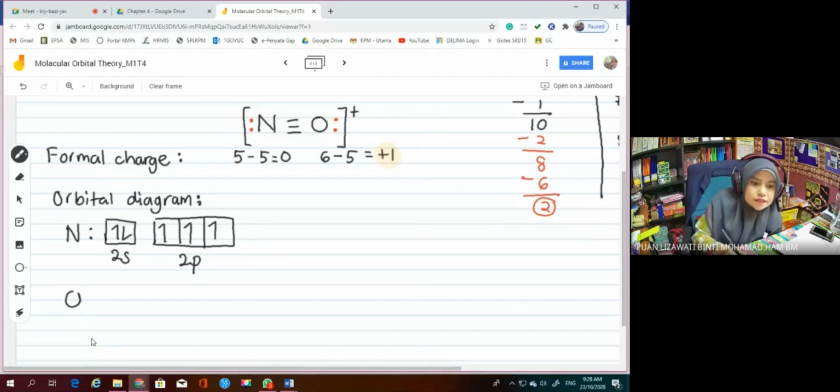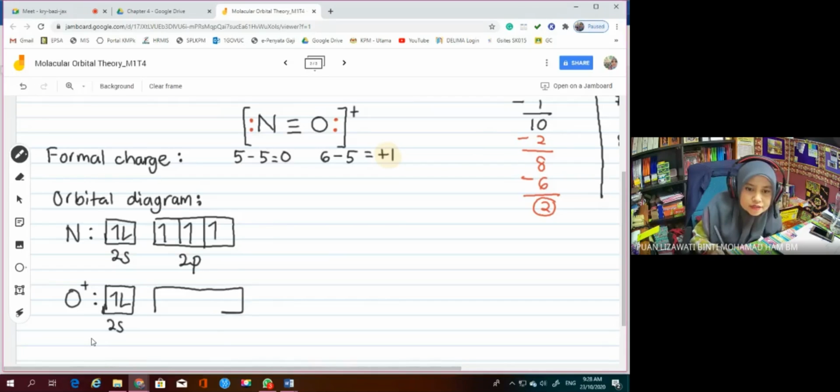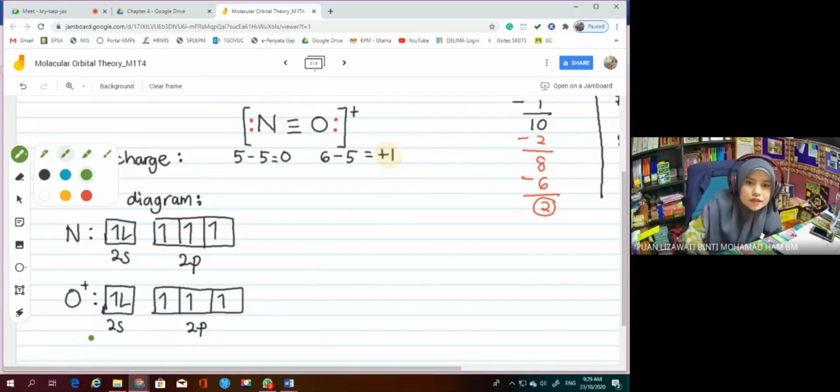Okay, for the oxygen. So now you have to write O plus since it's not neutral. They are the charge. Okay, so original neutral, it has 6 valence electron. So we already remove 1 from 2p. Okay, so we have 5 electron. So all single.